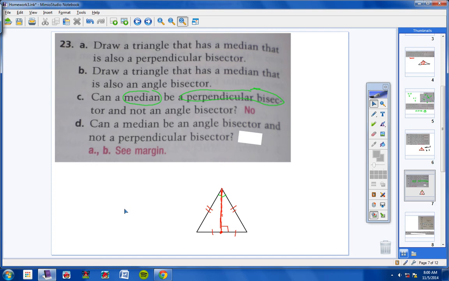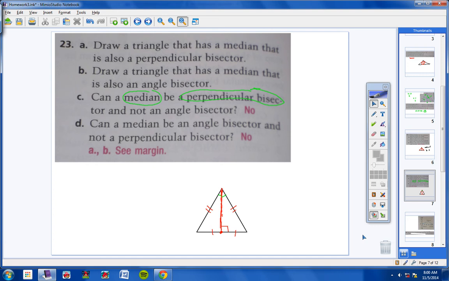Now, letter D. Can a median be an angle bisector and not a perpendicular bisector? No, not at all. If you have a triangle drawn in such a way that a median is also an angle bisector, every time it will also have to be a perpendicular bisector. You can try again and again to draw it in such a way that that's not true, but it's just not going to happen, okay?